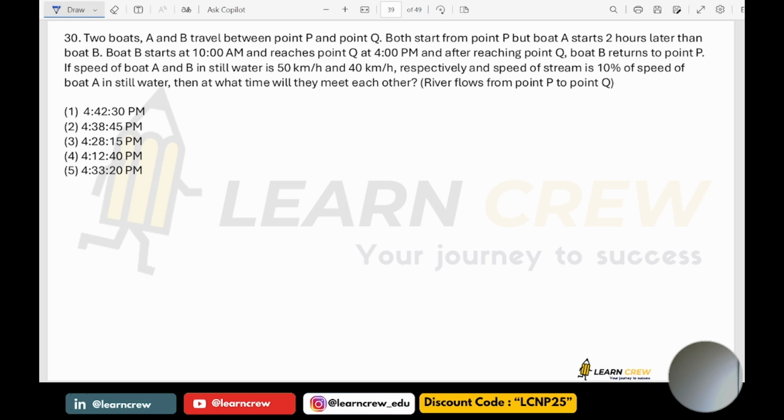The river flows from P to Q. So the speed of stream Y is equal to 10% of 50, which would be 5 km per hour. Okay, and the distance between P and Q, how much is it?